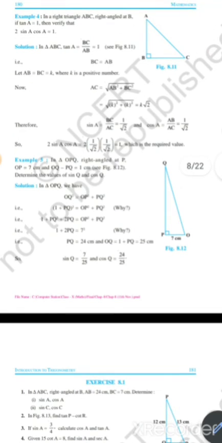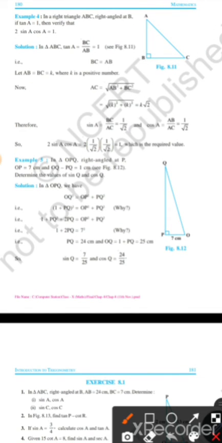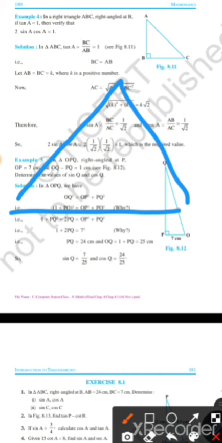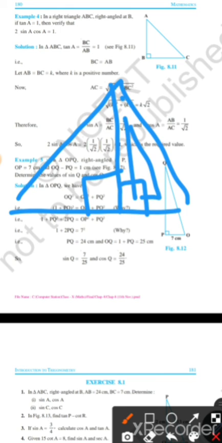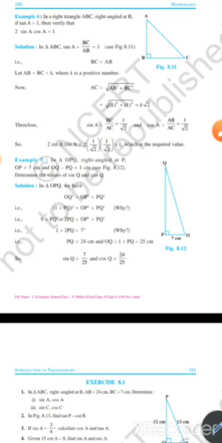For example, this is not a right angle triangle, so I cannot apply Pythagoras as well as trigonometric functions. So I put a line here, and this triangle has become a right angle triangle, and this triangle has become a right angle triangle. This is how we go about this kind of question.